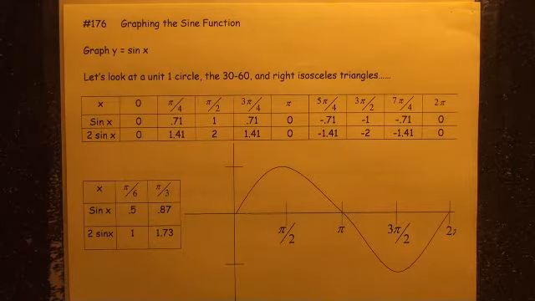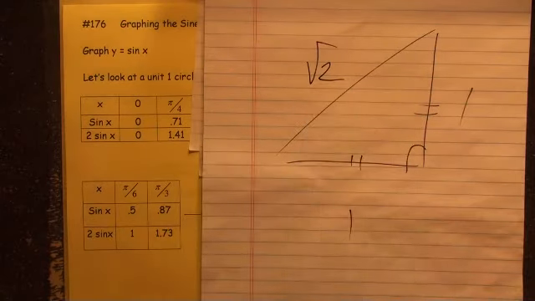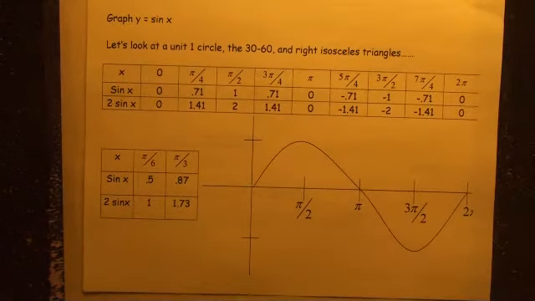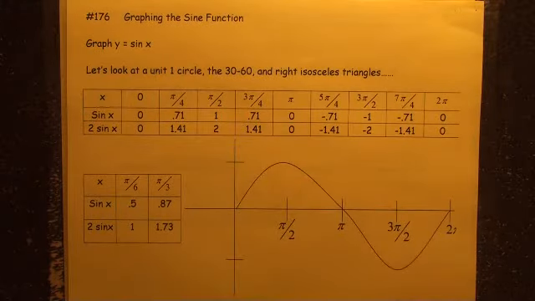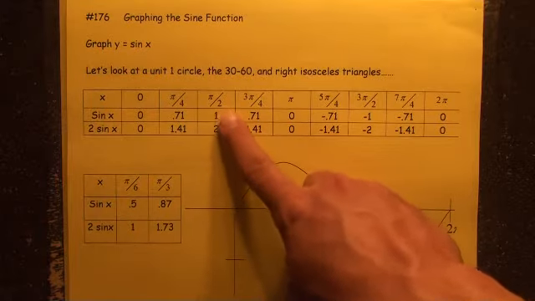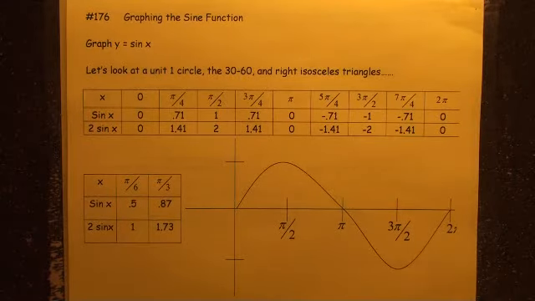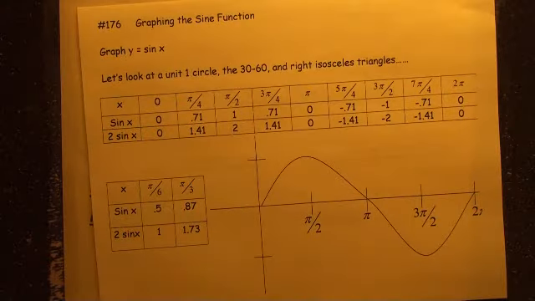That would be 1 over root 2. If you type it in the calculator, you just get 0.707. We'll round it off to 0.71. Then we're going to look at sine of 90. That goes back to the unit circle: 1. And of course, you can type these in the calculator.